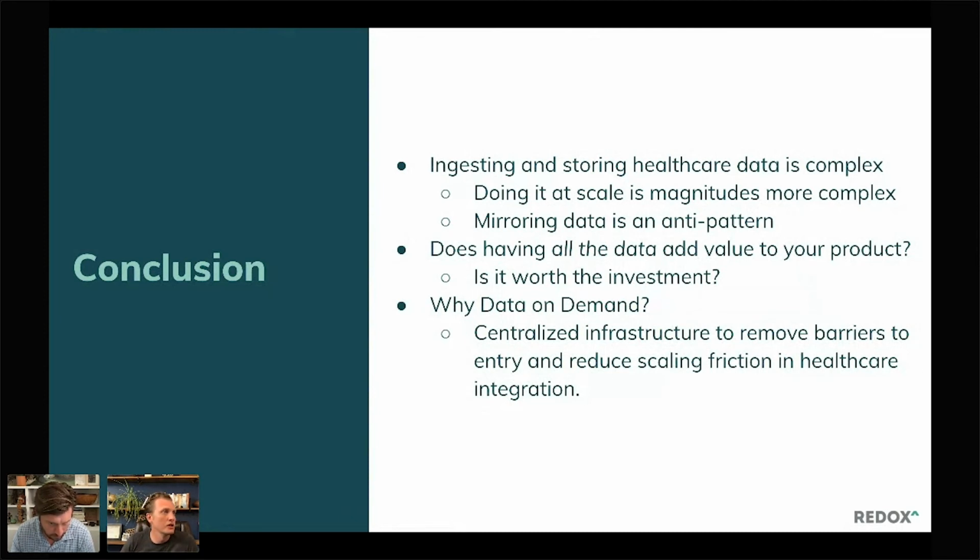Yeah, sure. So right now, the highest volume we've seen from a single health system is somewhere in the range of 50 to 100 messages per second pushed to the Redox platform. That's not to say they couldn't push more.